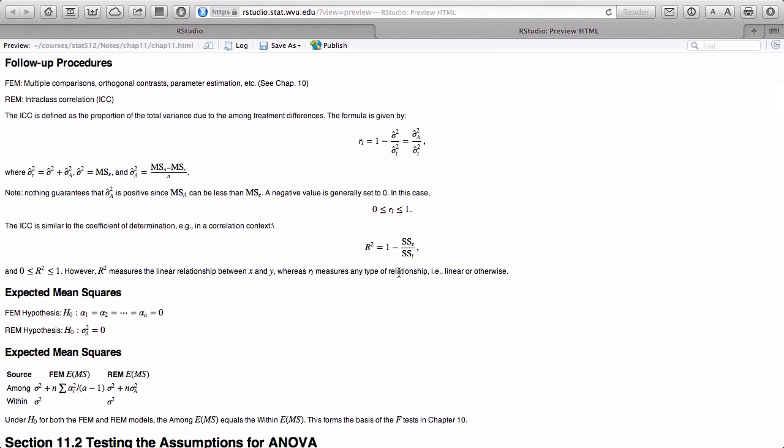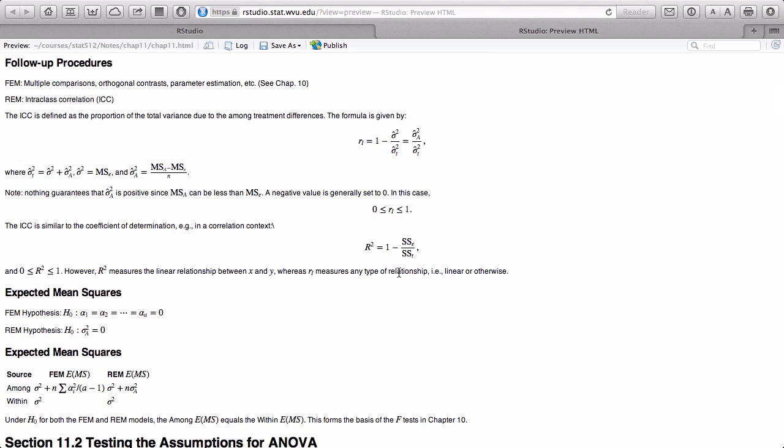If we have levels of a factor, they're not even necessarily ordinal and increasing. They can be nominal. So I just have groups, and I don't have a particular order for those groups. So obviously I can't talk about a positive or negative relationship in the sense that I can in regression. The intraclass correlation coefficient is simply saying, is there a relationship between them? And it doesn't matter whether it's linear or not. In other words, it looks for more general types of relationships.